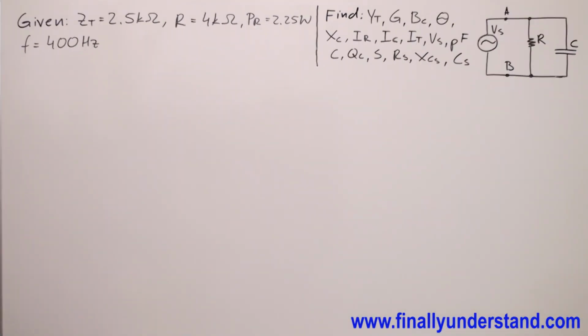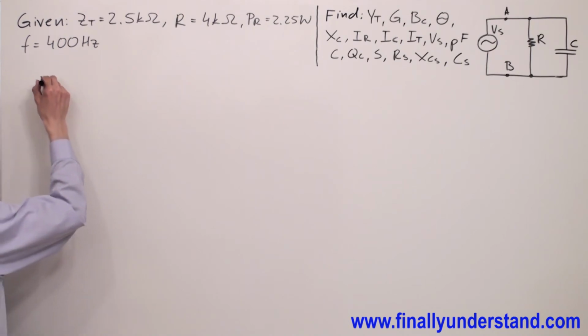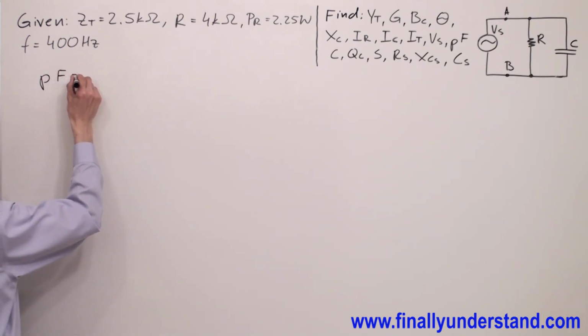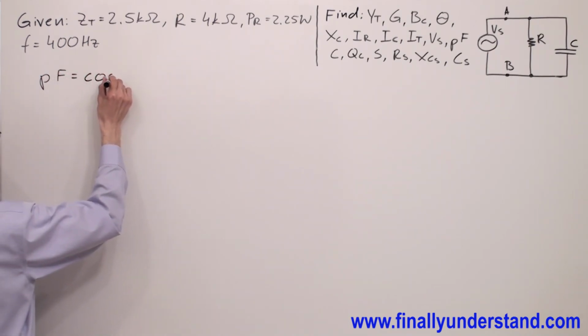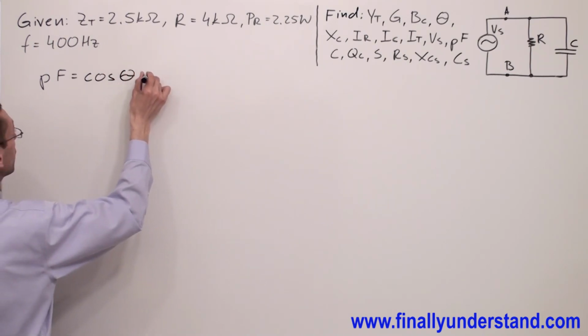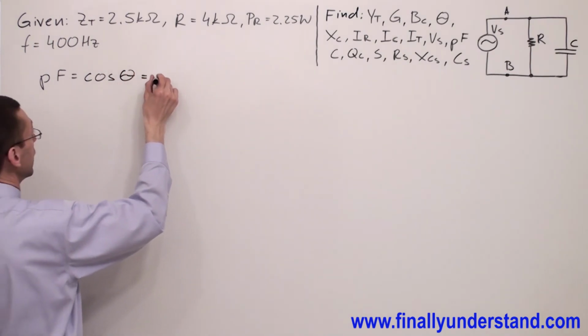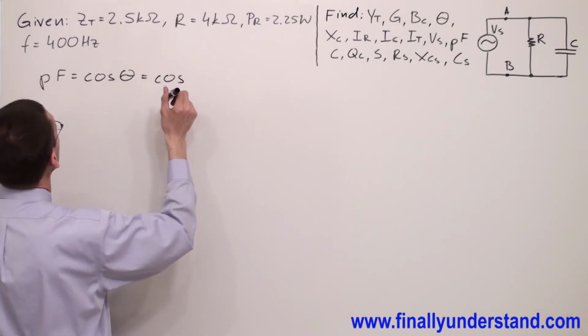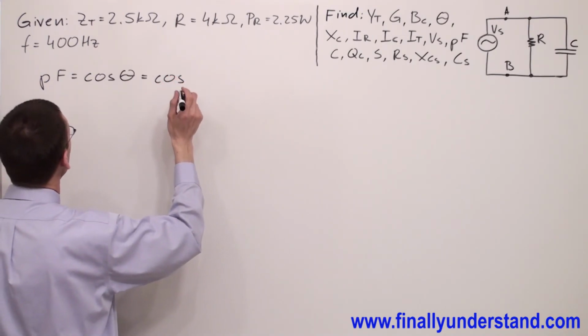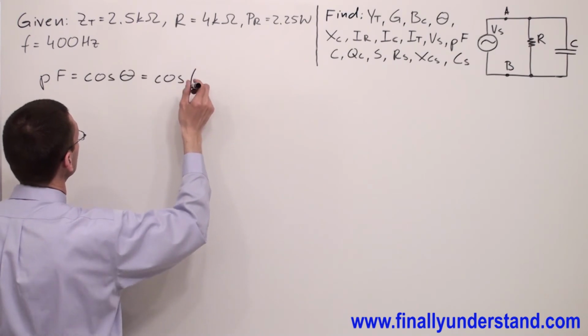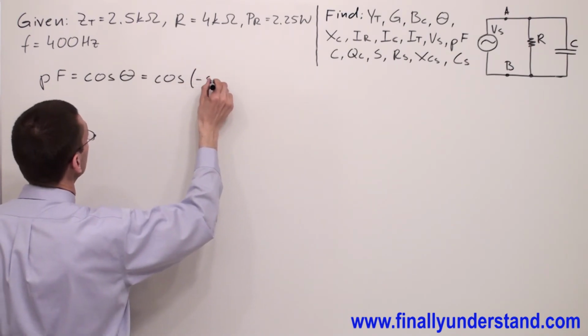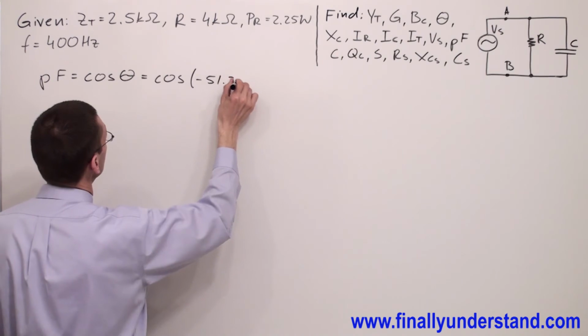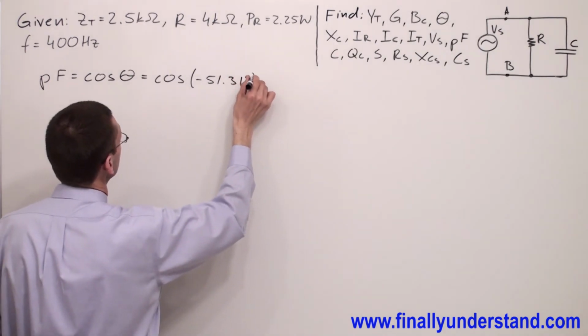Next, we're supposed to find power factor. Power factor is equal to cosine of angle theta. So I have cosine of the angle which is next to Z total or Y total. So next to Z total we have negative 51.31 degrees.